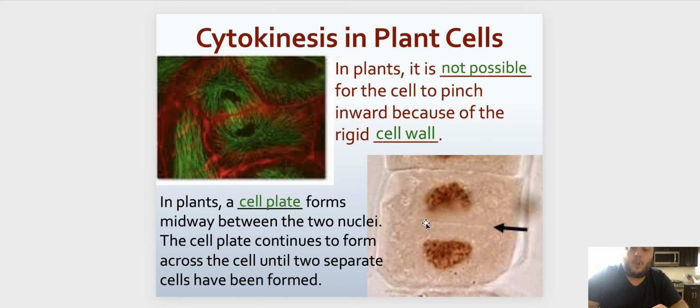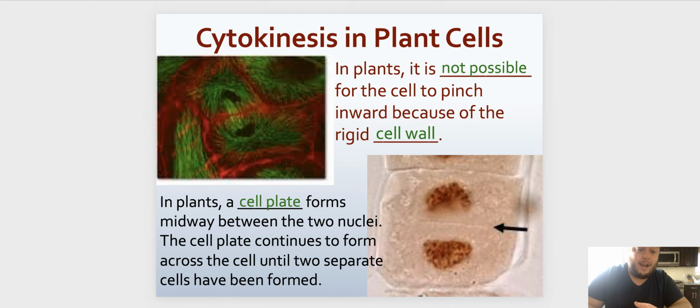The cell plate will grow outward this way and outward this way, and it will eventually split the two cells in half. So the process of cytokinesis is the same in plants and animals. The only difference is that plants need to form a cell plate within the cell in order to split it, whereas animals can just pinch the membrane inward with a cleavage furrow and eventually split off.